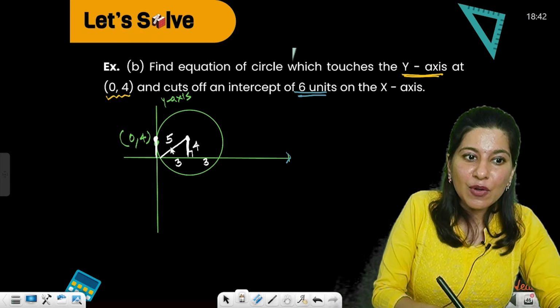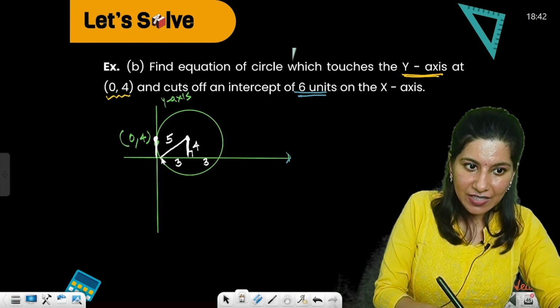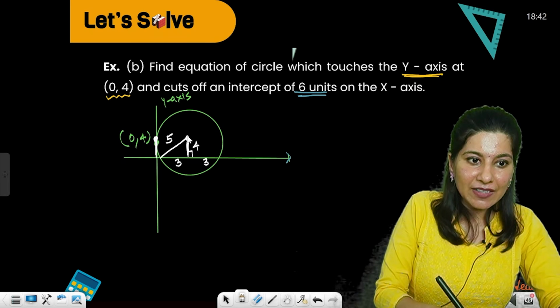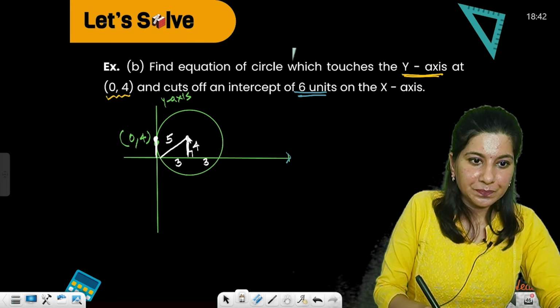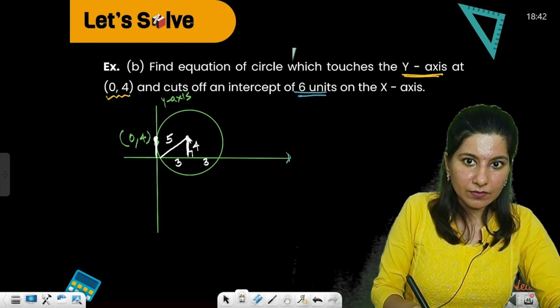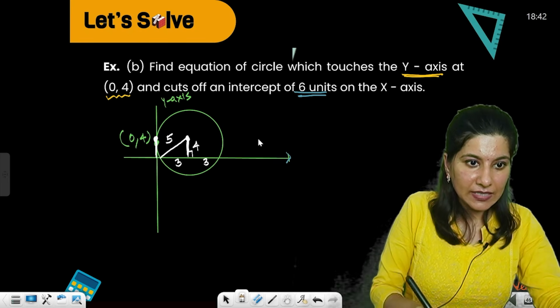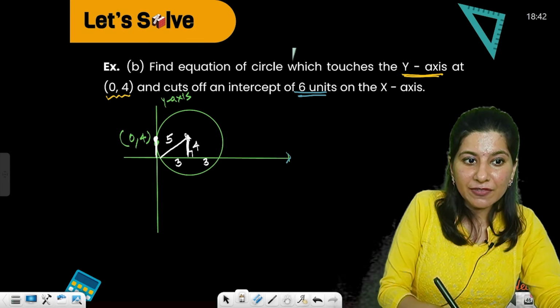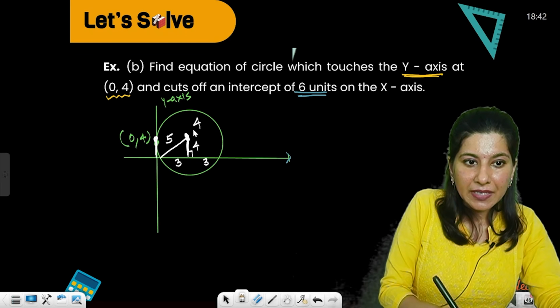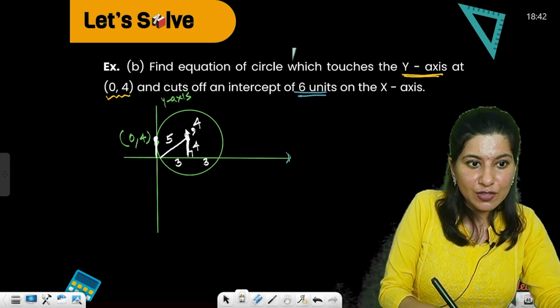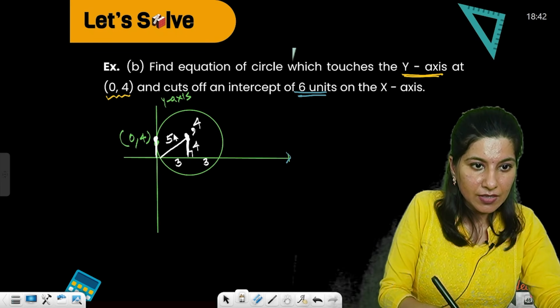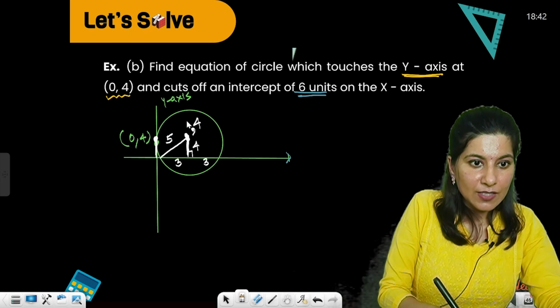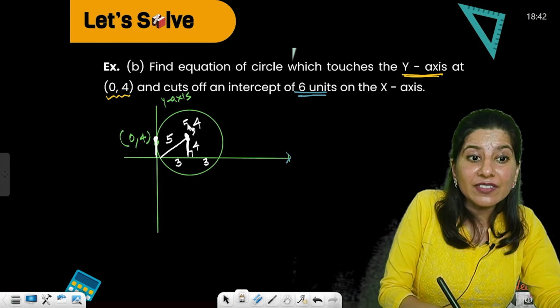So, now you have got radius as 5, correct? This y coordinate of this point will be 4. X coordinate is something which we need to figure out. Okay. So, x coordinate will be 5.